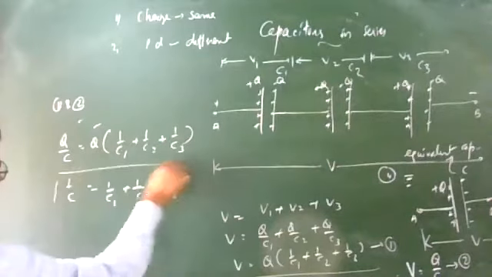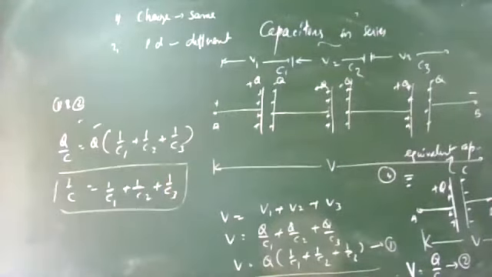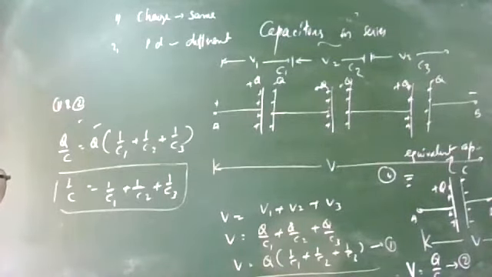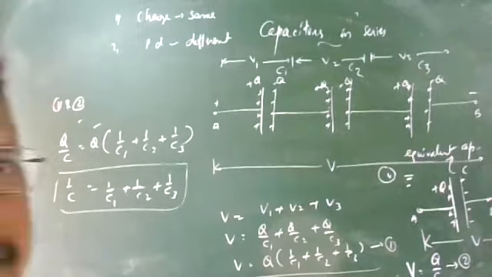When capacitors are connected in series, the equivalent capacitance is given by this equation. This is just the reverse of the resistor connection. Don't get confused with that.